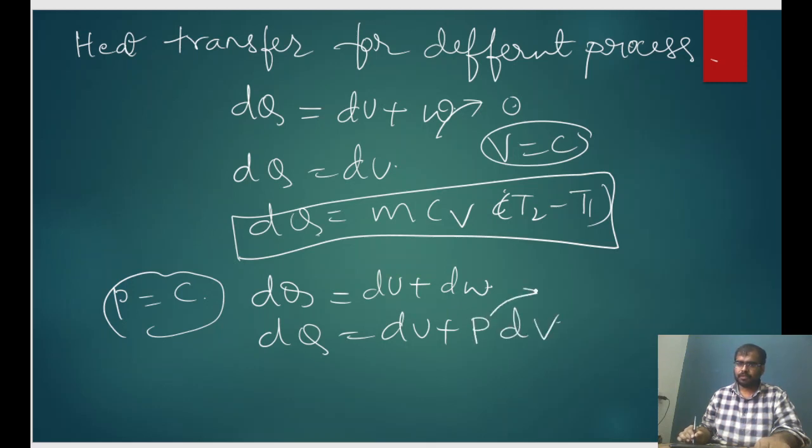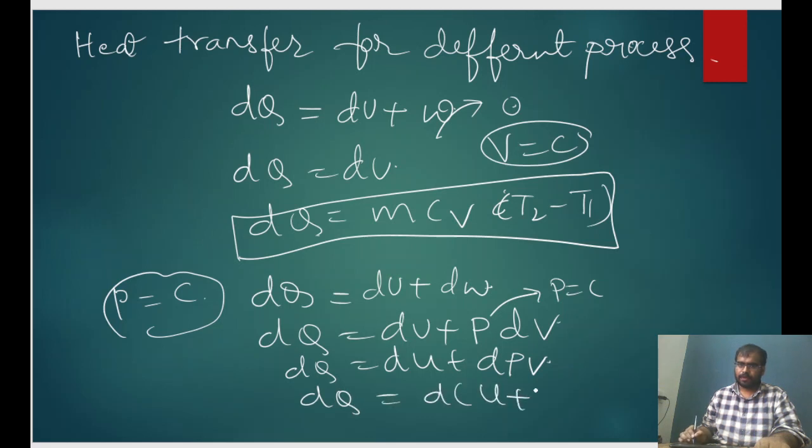Here the pressure is constant, so we can take dQ is equal to dU plus d(PV). We can take the differentiation common: d(U plus PV). Okay, U plus PV is equal to H, that is enthalpy. Next slide.